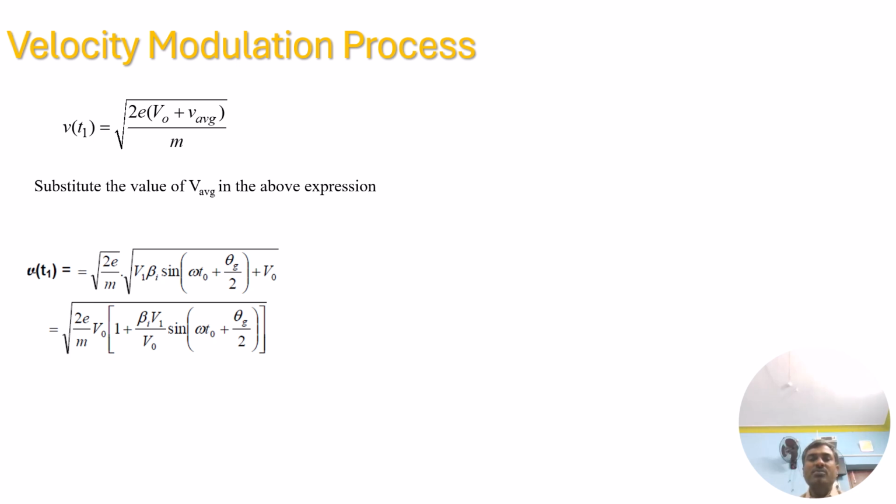Now the velocity modulation expression can be written as v of t1 equal to root of 2e by m into V0 plus V average. By substituting the value of V average in the above expression, the velocity modulated expression can be obtained as root 2e by m into V naught into 1 plus beta I V1 by V naught into sin omega t naught plus theta g by 2.